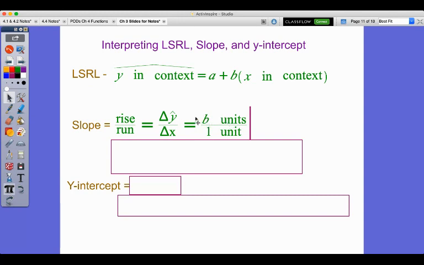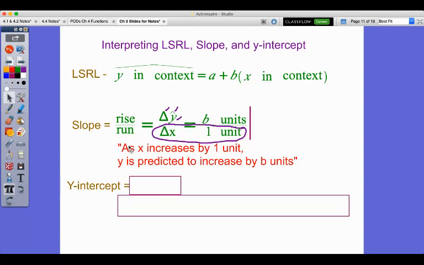And that will perfectly form your sentence. And so I literally, when my x is predicted to increase by 1 unit, so I just make a sentence out of all of these. When my x increases by 1 unit, my y is predicted to change, which is increase or decrease, by b units. And that's how I'll write my sentence of interpretation. It's literally using that sentence that I've drawn right there, okay?